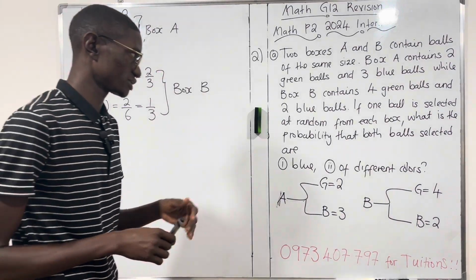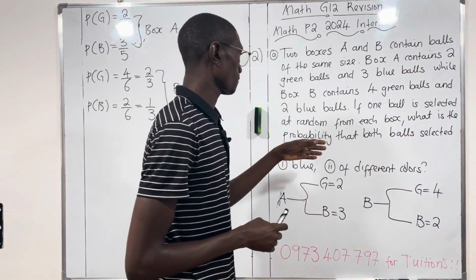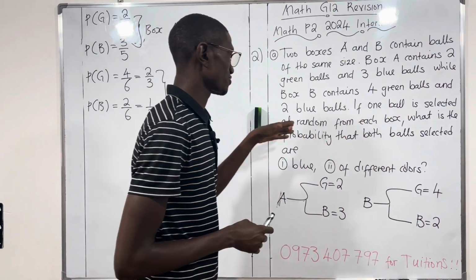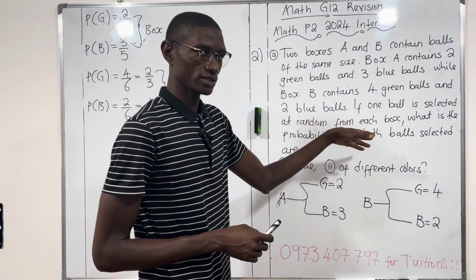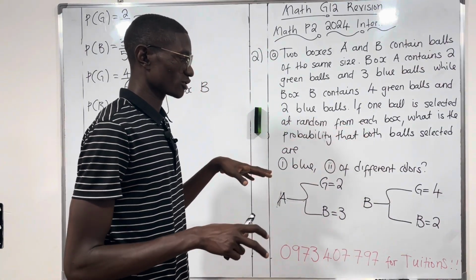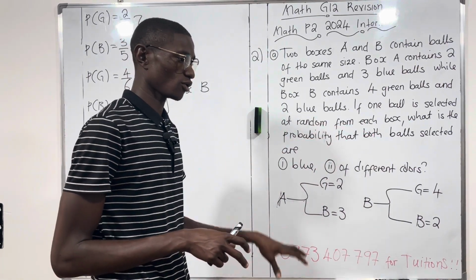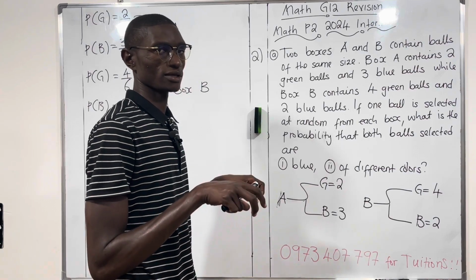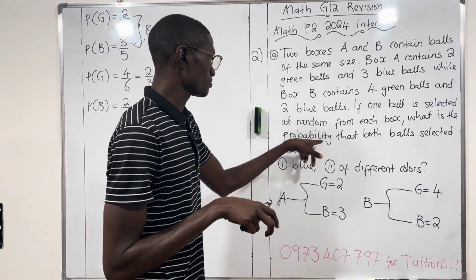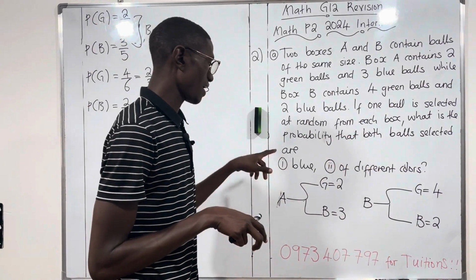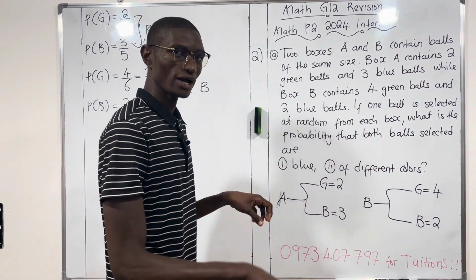Now, let us look at the question. So the question says, if one ball is selected at random from each box, okay? So imagine there are 2 boxes and we are selecting one ball from each box at random. One from A, one from B, okay? What is the probability that both balls selected are blue? One blue and the other blue.